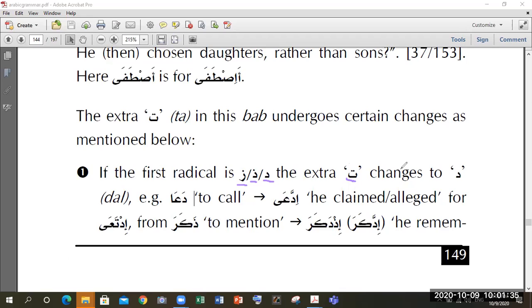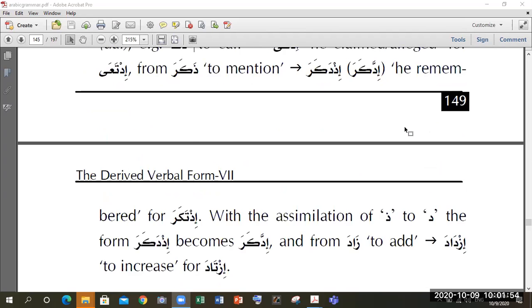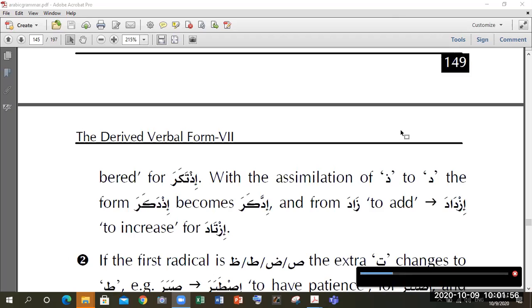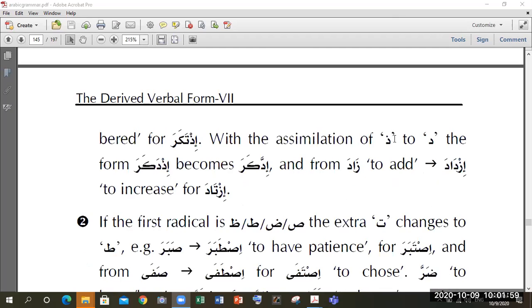So to make it easy, they say change this ta into dal if these letters are coming in the beginning. We discussed one example already, and the same is the case with dal.